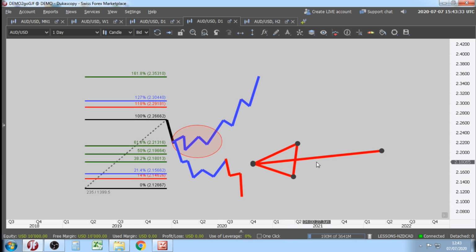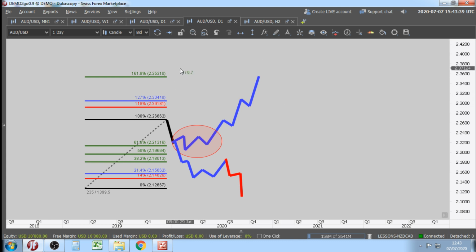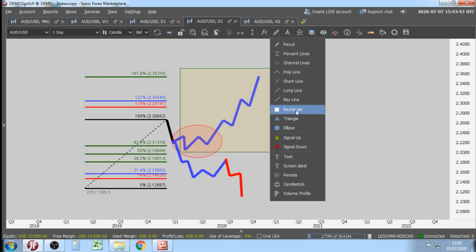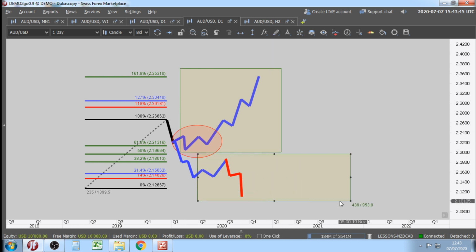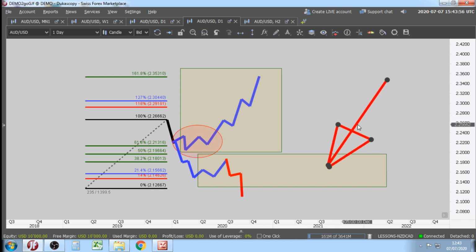So what is the difference? Well, if you put 10 trades with 50% and 10 trades with 80%, you are going to have more winners here. This is the difference.